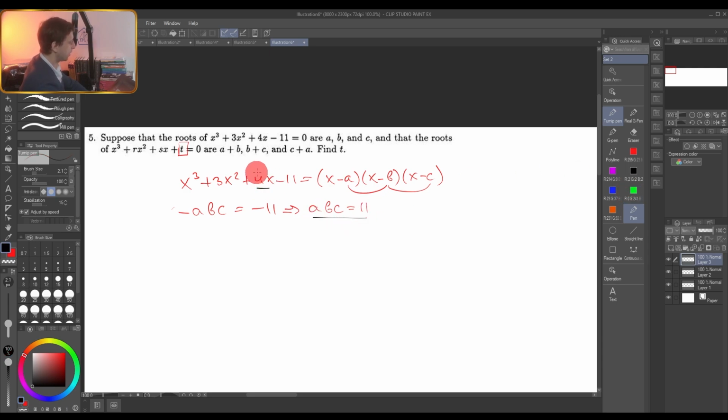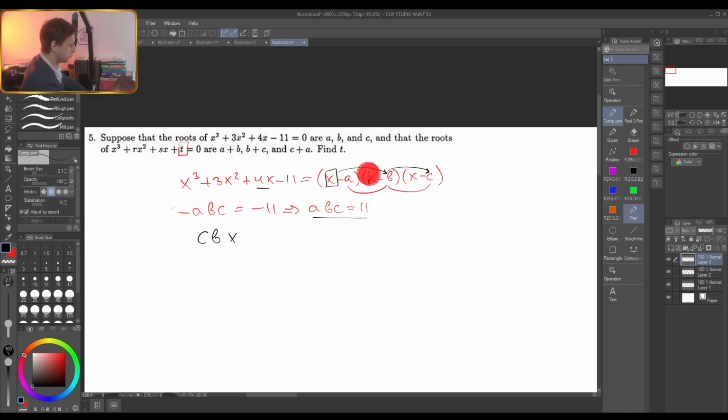Coefficient near x, you have 4. How to get here the coefficient near x? We want to quickly understand what it will be. If you multiply x here and you want this x to be without any powers, it will be multiplied by this one, and then x minus b, minus xb, this product should be multiplied by minus c. So the result will look like this: it will be cbx.